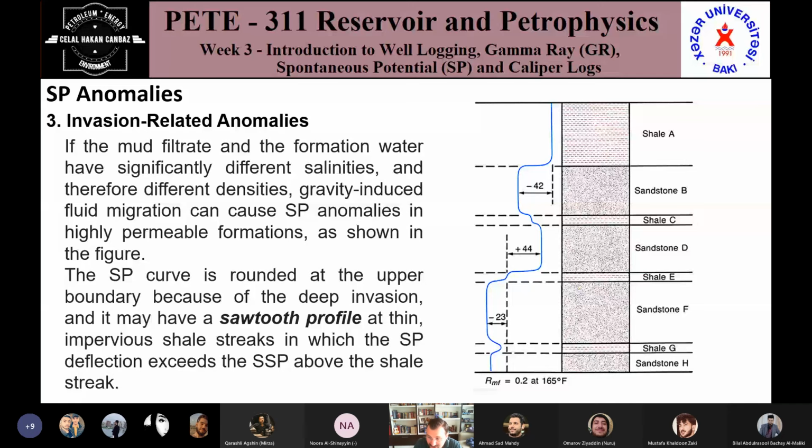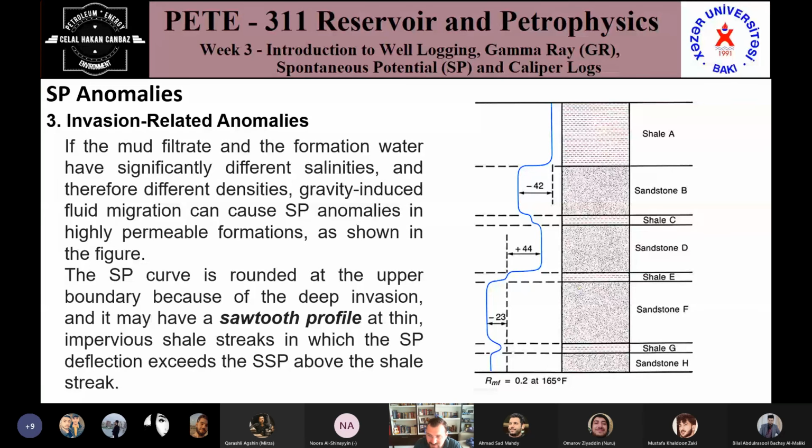Impervious shale streaks in which the SP deflection exceeds the SSP: above the shale streak, a reading greater than the SSP is caused by the accumulation of filtrate below the shale streak.